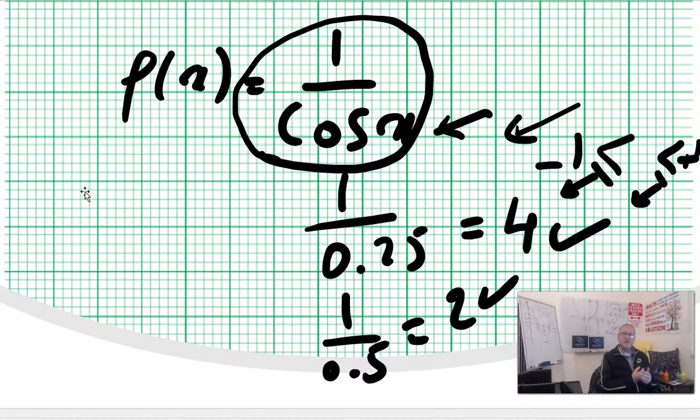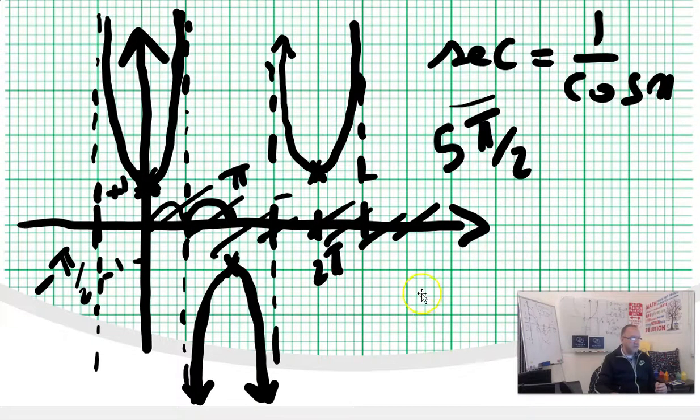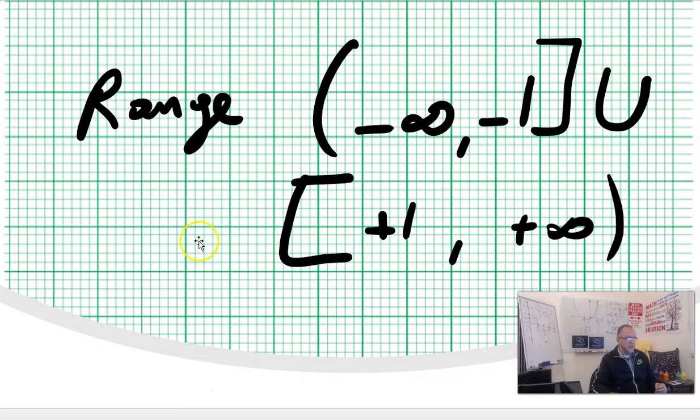But in the case of the cosecant and the secant, there is a stable 1 up there, and you have a smaller value that gets smaller and smaller. So this ratio is always either above 1 or under -1. So that's why we have this restriction in your range. The range is a union between -infinity, including -1, and then +1 all the way to +infinity.